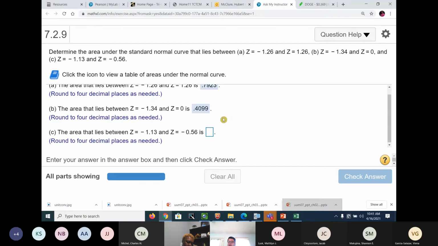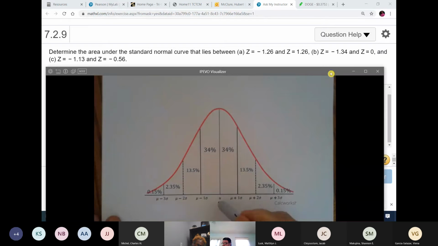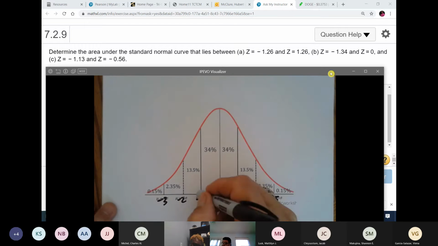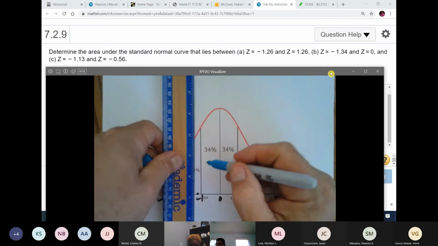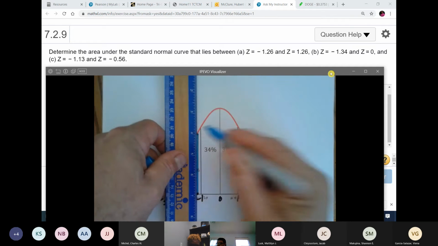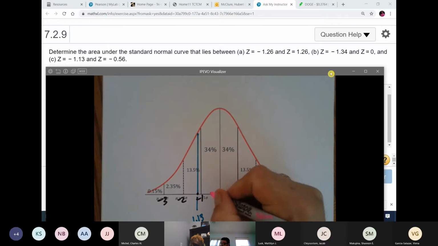Negative 1.13. And the other one is negative 0.56.